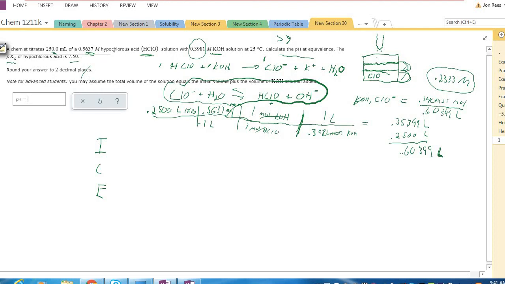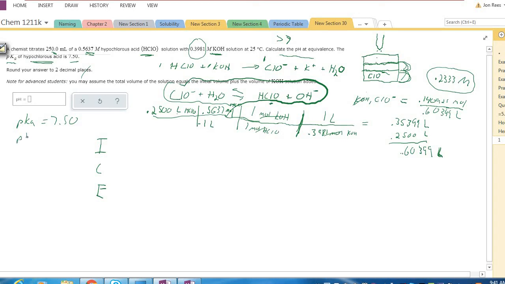So I can use that pKa. Okay, so I know that the pKa equals 7.50. Okay, but this is the base. This is the conjugate base of this hypochlorous acid. So I need to come up with the pKb.